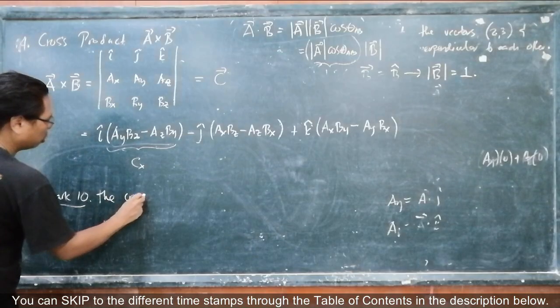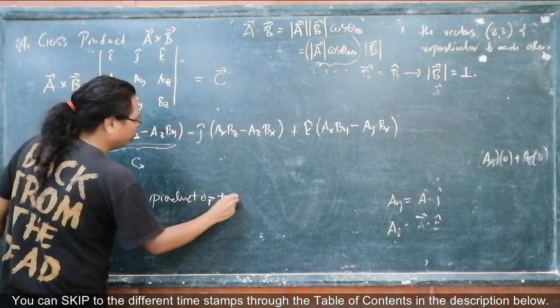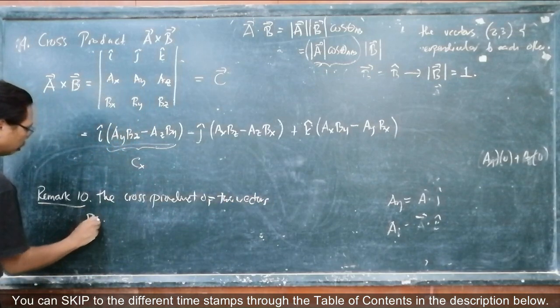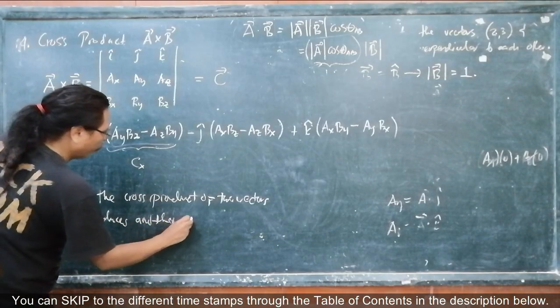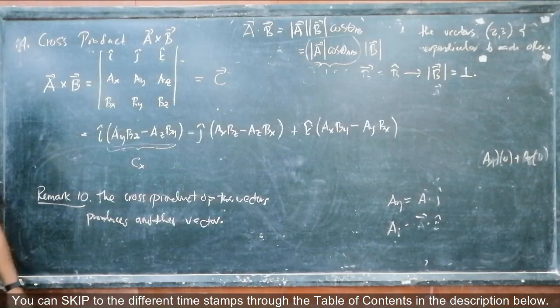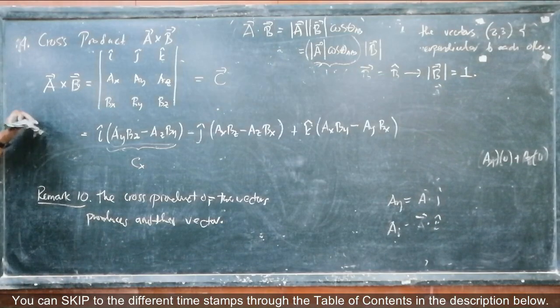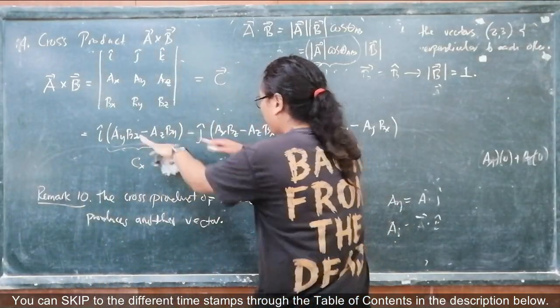The cross product of two vectors produces another vector. This is contrary to the dot product. The dot product produces a scalar, right? The cross product produces another vector. And if we call this vector C, clearly this is a vector, right?